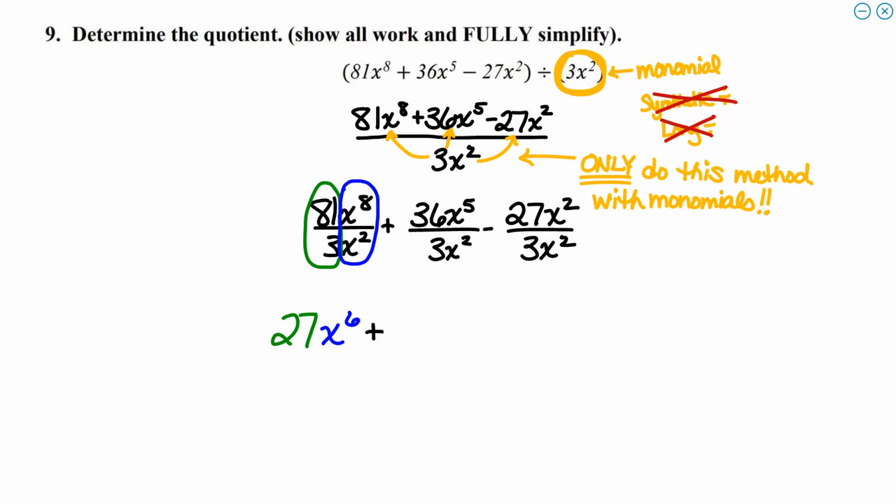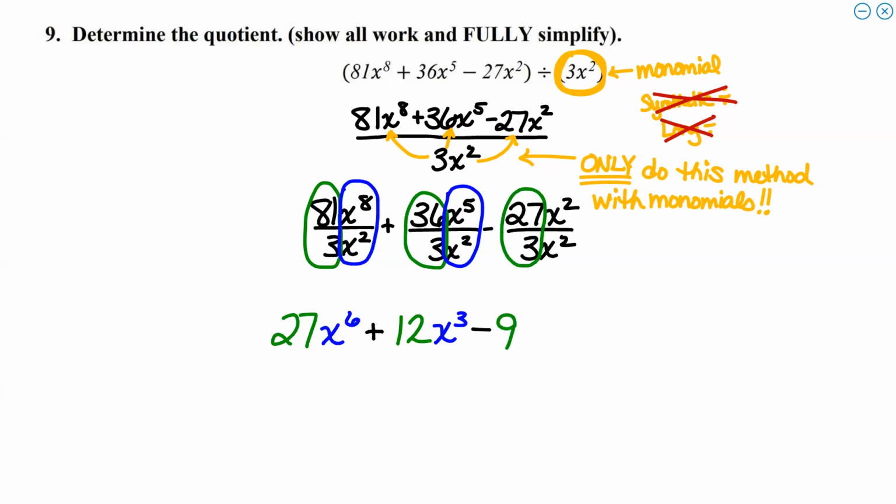Then I move on to my next fraction. Same exact thing. 36 divided by 3 would give me 12. And then I go look at the x part. X to the 5th divided by x squared will be x to the 3rd power, yes. Bring down my subtraction, and I come over here to the last fraction. 27 divided by 3, 9.